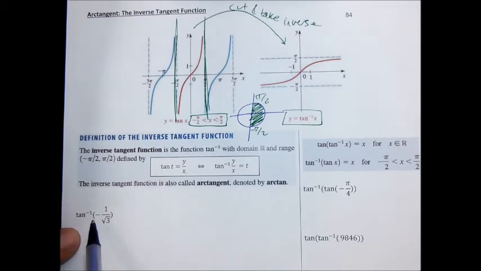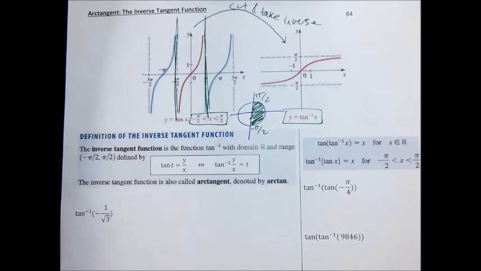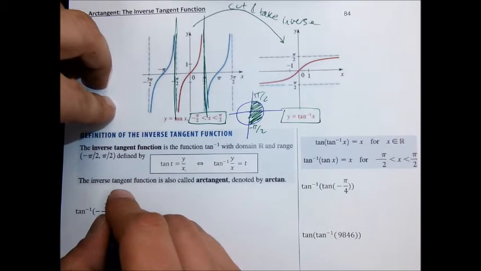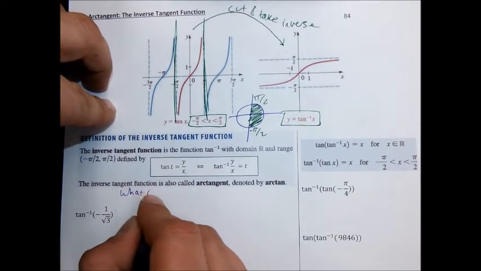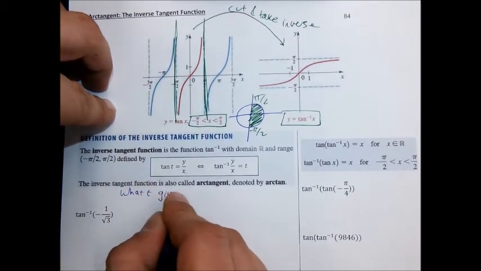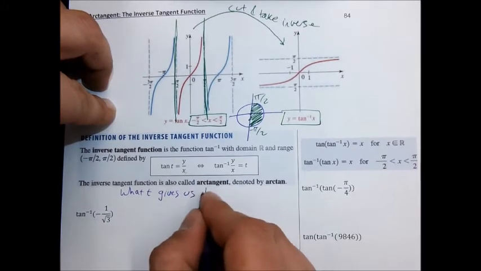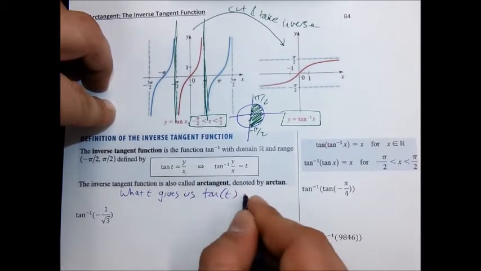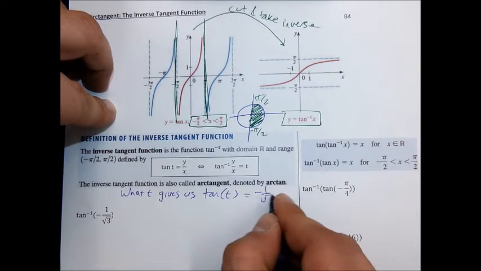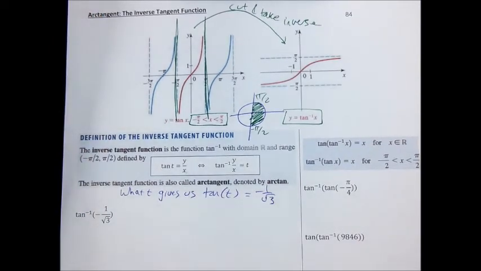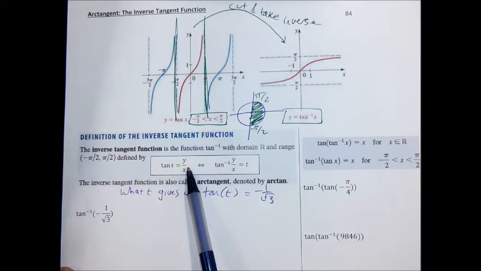So in this first one, tan inverse of minus 1 over root 3, the way we think about that, just like the other ones, is we think, what t gives us tan of t equals minus 1 over root 3? We're doing the same thing as we did in the last page, but now we need to think of dividing two things, right? Because tangent divides the y and the x.